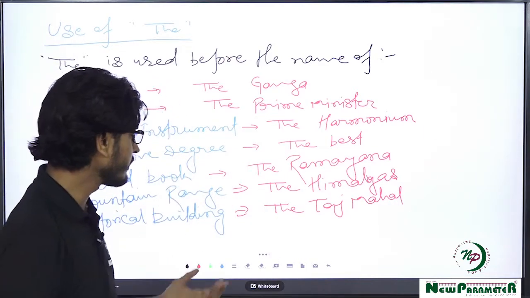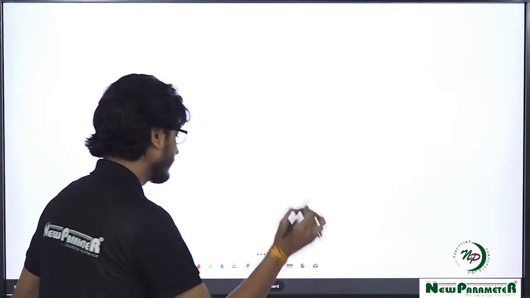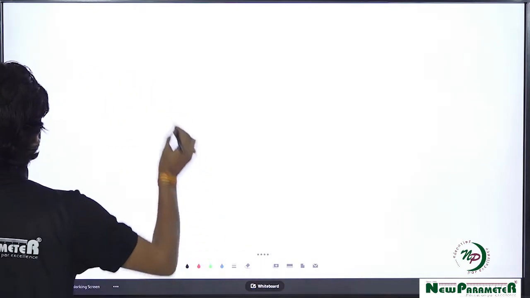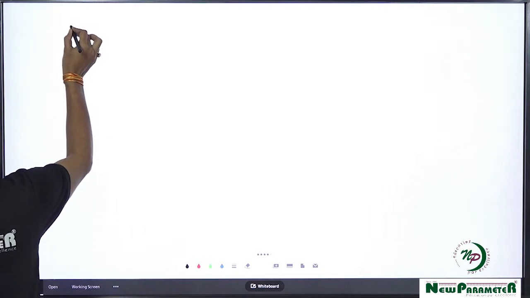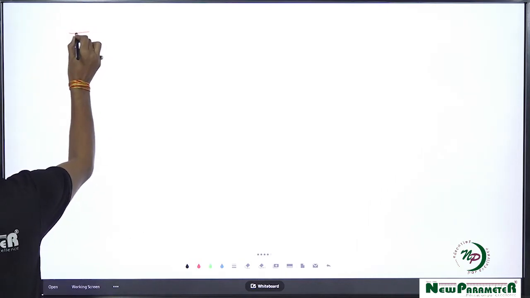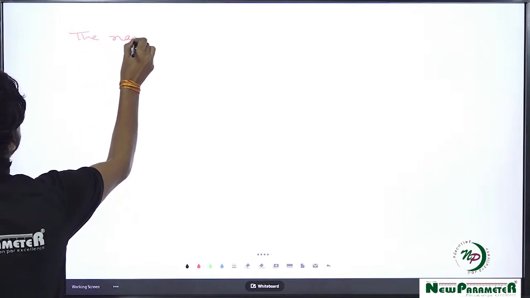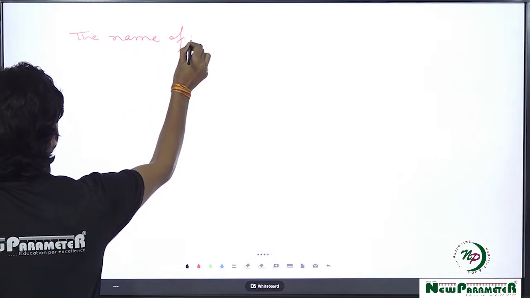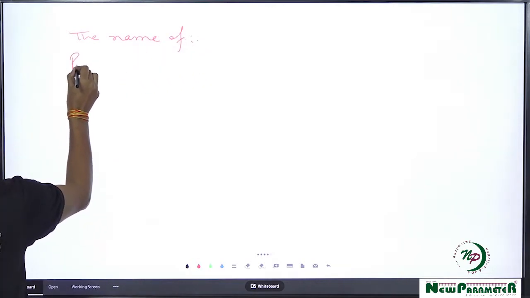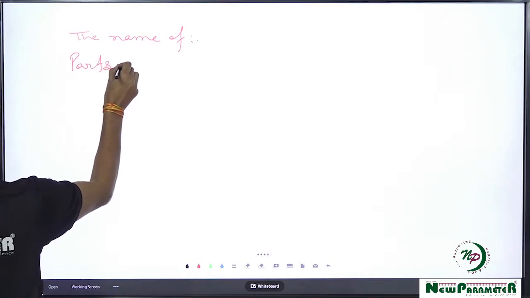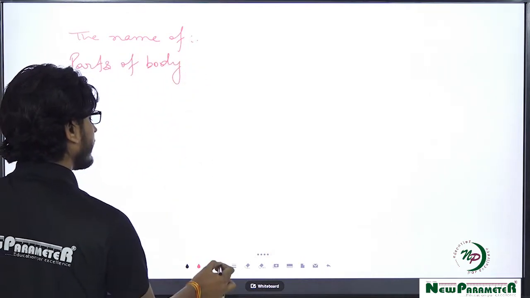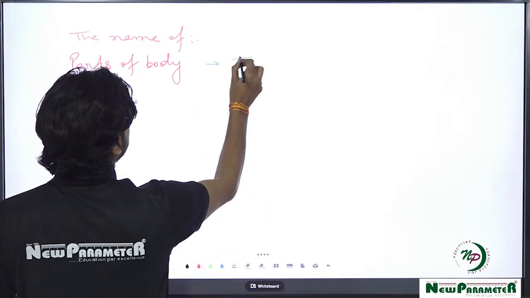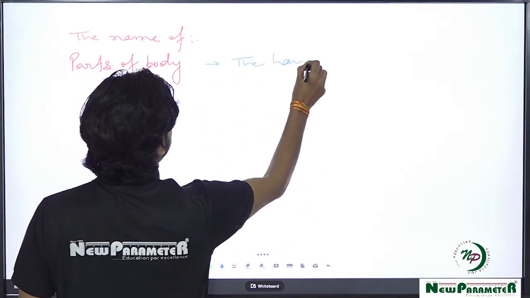So now moving to some more uses, we can use the before the name of parts of body, like the hand.